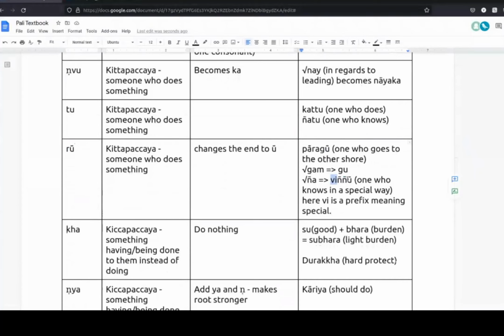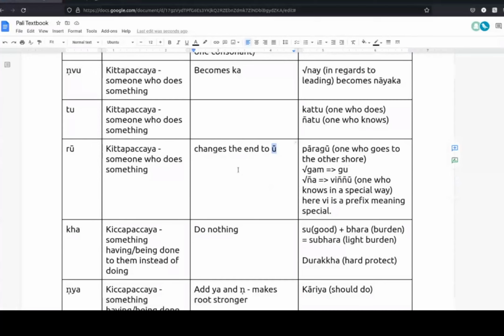And when you want to make a person who is vinya, you say vinyu. Nya in regards to knowing, vi special, so vinya is knowing in a special way. So when you take vinya plus ru, you get vinyu. And again, what you have to know here is that you're going to come across words that end in u, and you have to remember that you have this suffix.